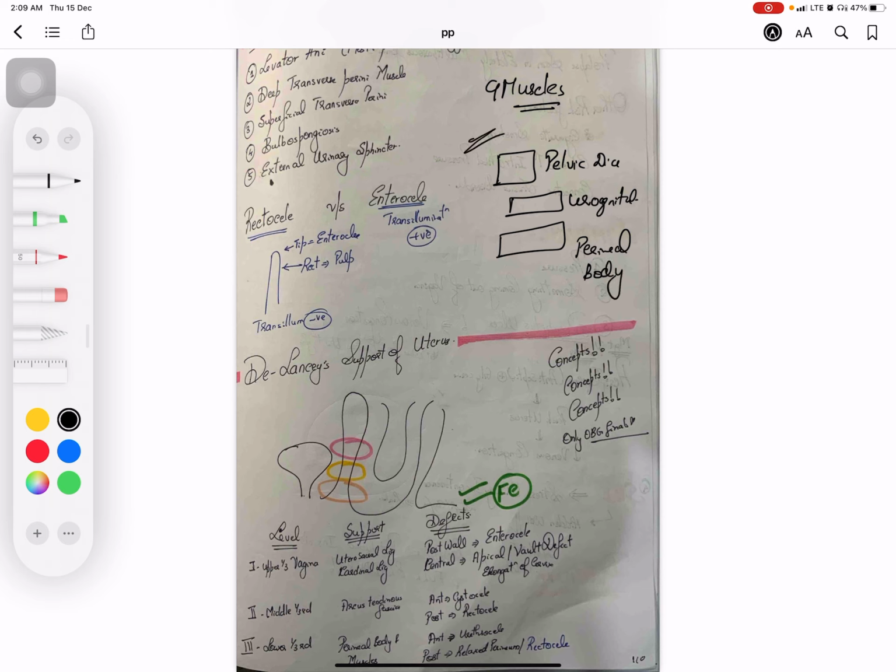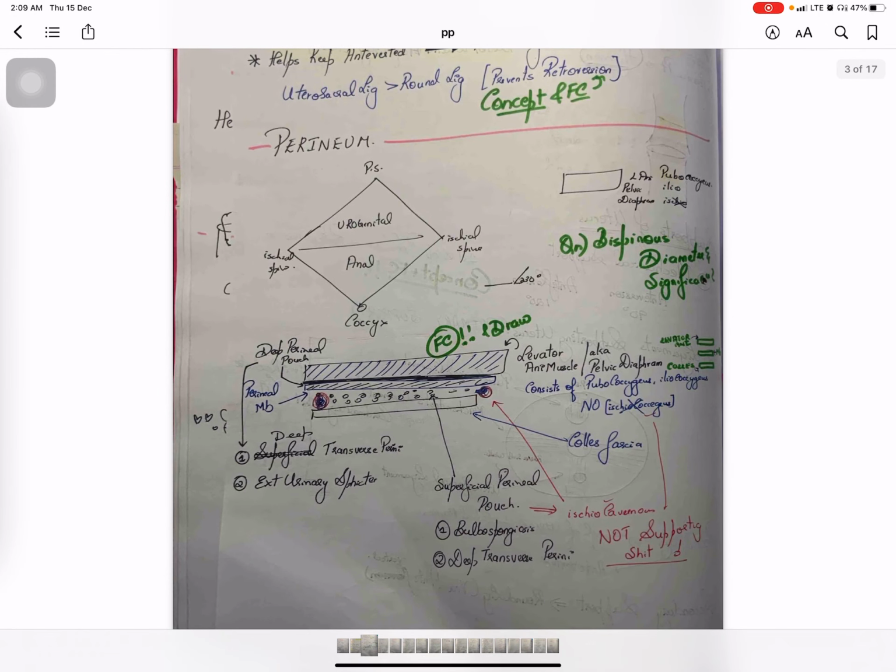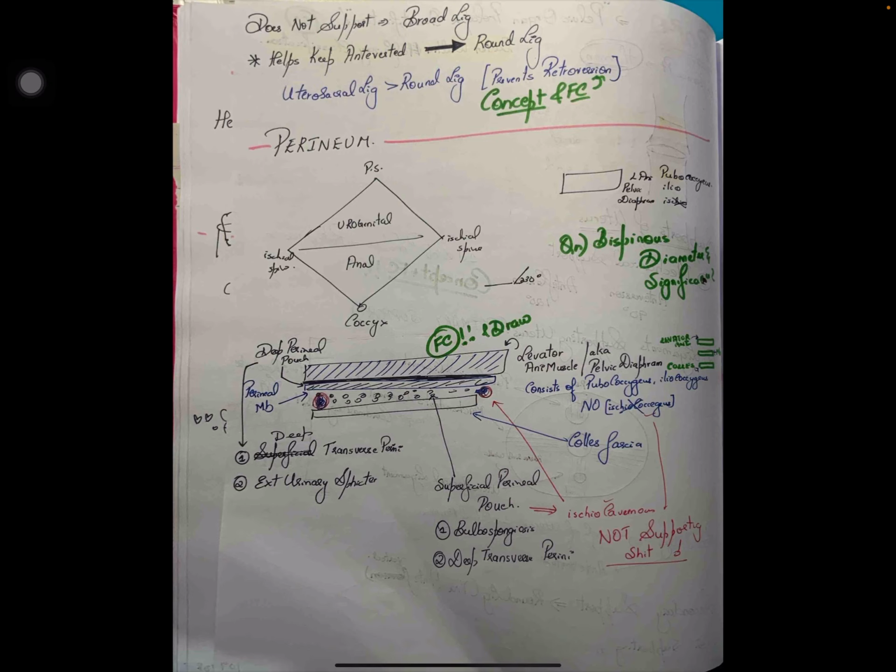So the pelvic diaphragm is formed by pubococcygeus, iliococcygeus, and not ischiococcygeus. Okay, this many muscles done. After that, we have the levator ani muscle forming the pelvic diaphragm, which has the pubococcygeus, iliococcygeus.